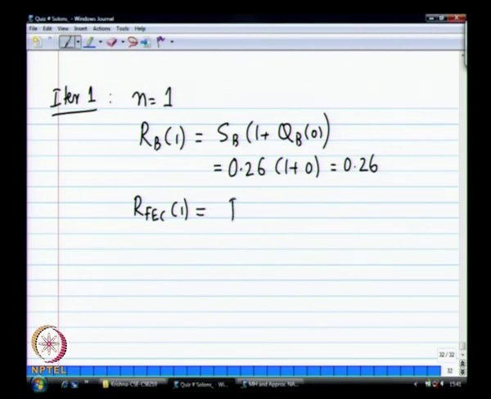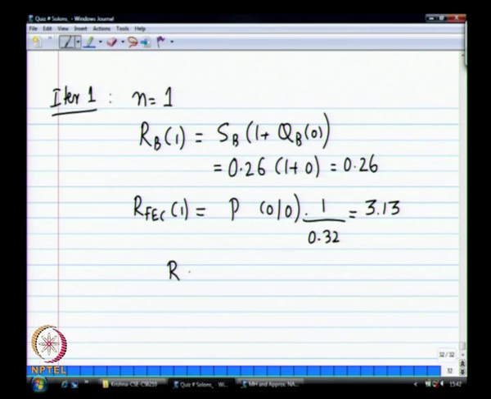So this is simply P FEC of, or P0, and this FEC also will drop because this is the only device which has this probability. So it is simply P00 into J, so J is 1 divided by 0.32. That is how your first iteration for this R is computed.